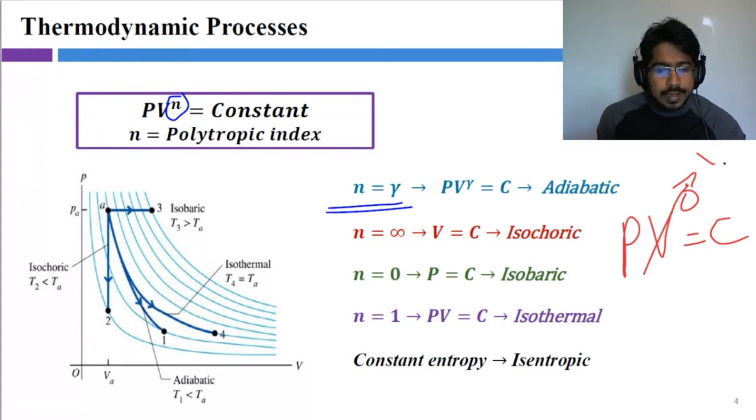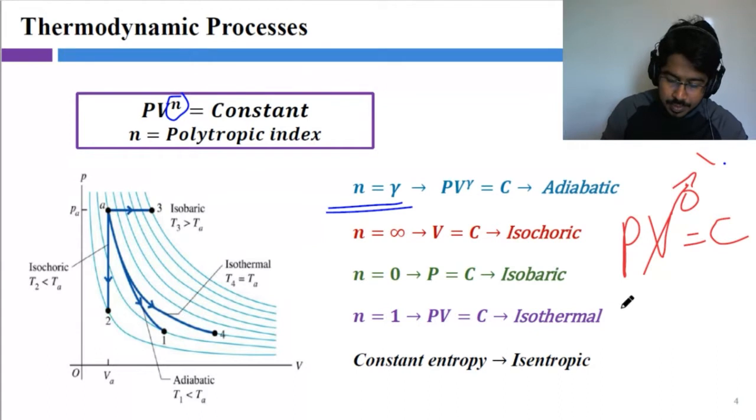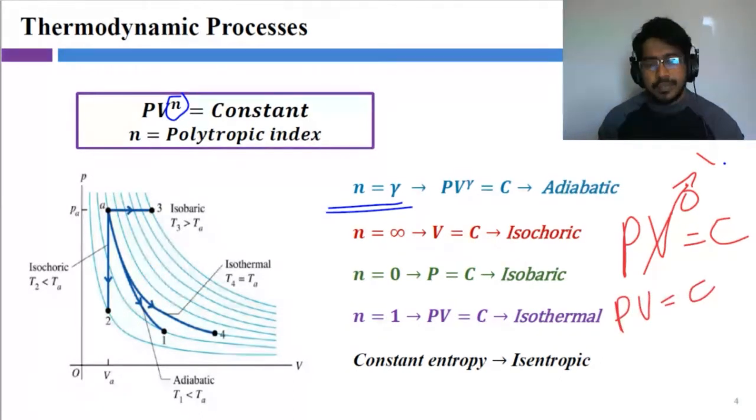And when n equals 1, we can say that PV equals constant. So in an ideal gas situation, if PV equals constant, that means we can assume this to be an isothermal process, even if not an ideal gas process.